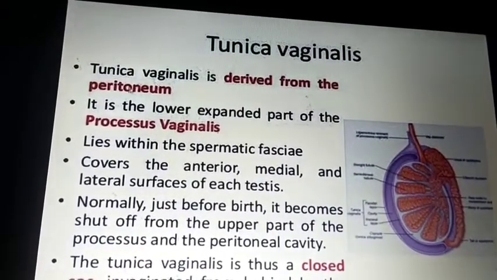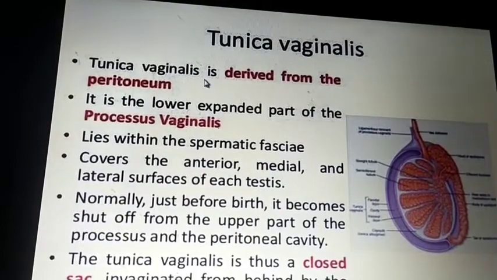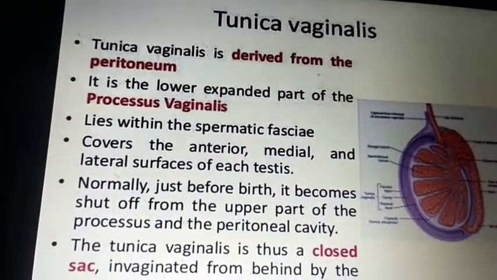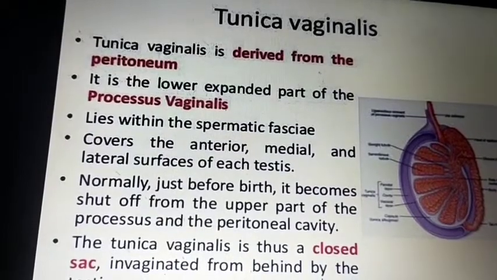When the testis is in the intra-abdomen, the peritoneum covers the testis.